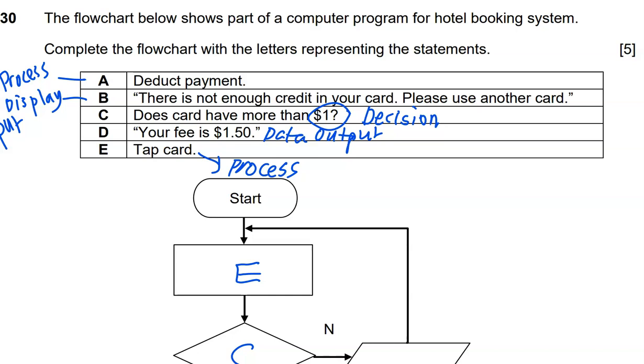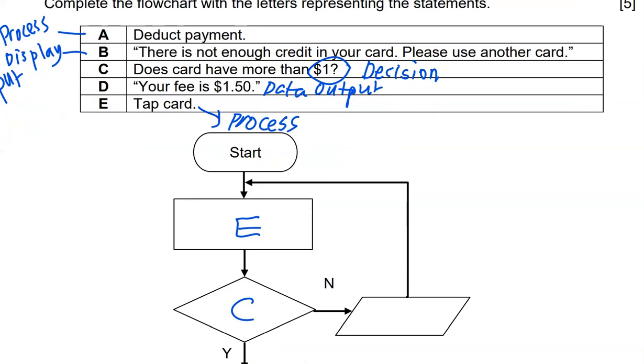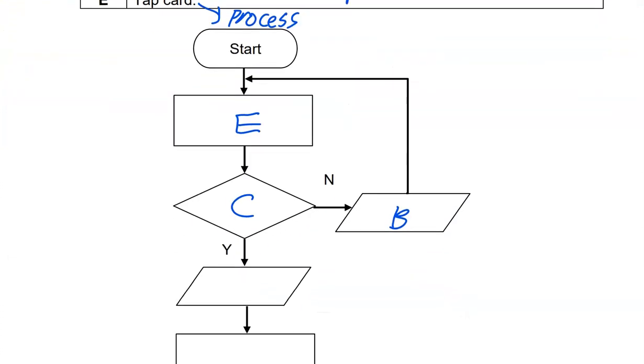Okay, and it's a process, rectangle. Okay, so after tapping the card, does the card have more than $1? This is a check now. Okay, so a question mark. And if no, it doesn't have more than $1, then you have to say there's not enough credit. Please use another card. Okay, and next.